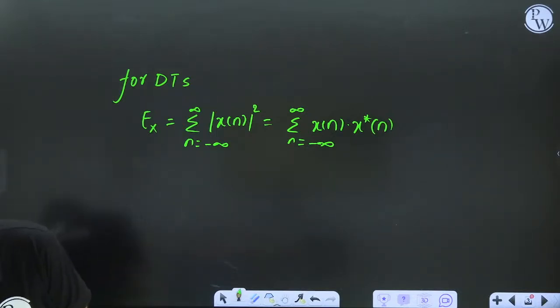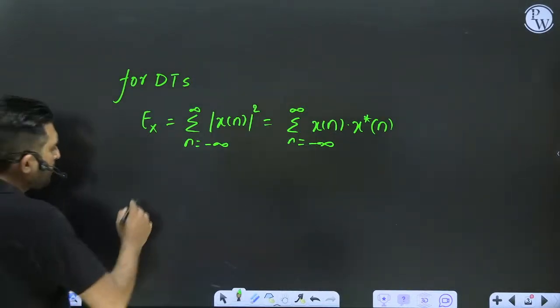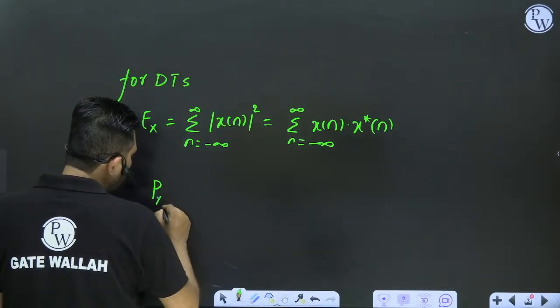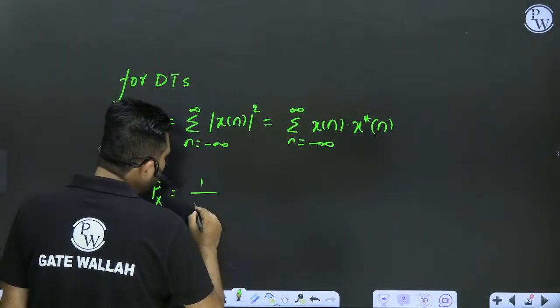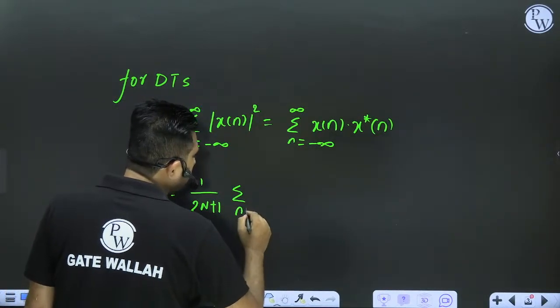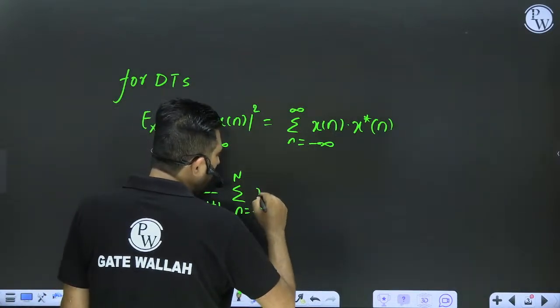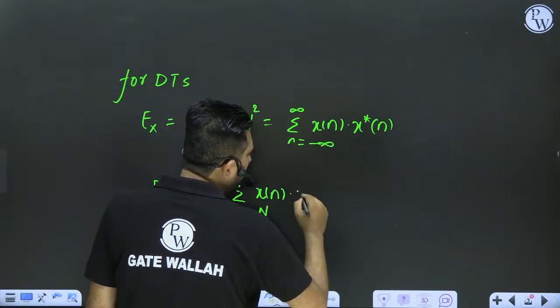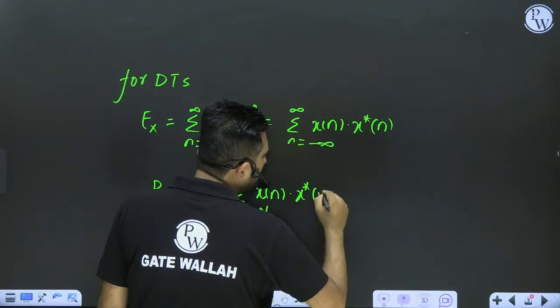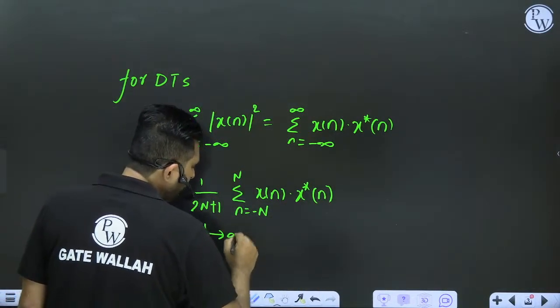And the power Px is given by 1 over 2N plus 1 summation n equal to minus N to N of x(n) into x conjugate of n, with N tending towards infinity.